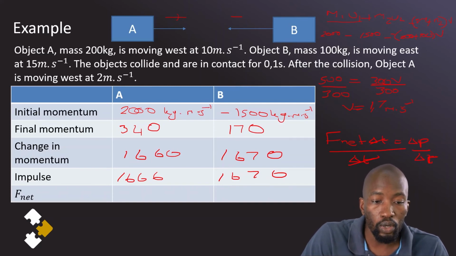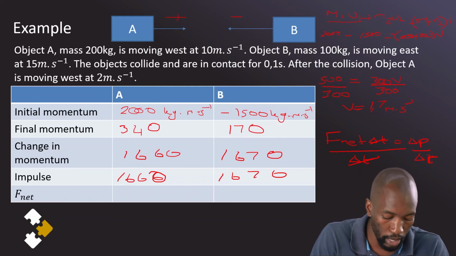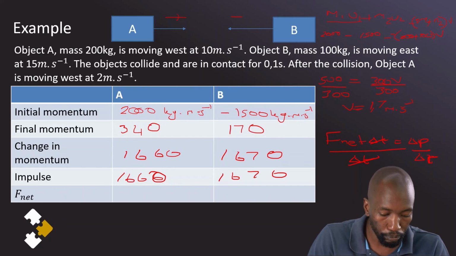So it'll be what? 1660, divided by 0.1. Let's do that. 1660 divided by 0.1, and that gives us 16600.